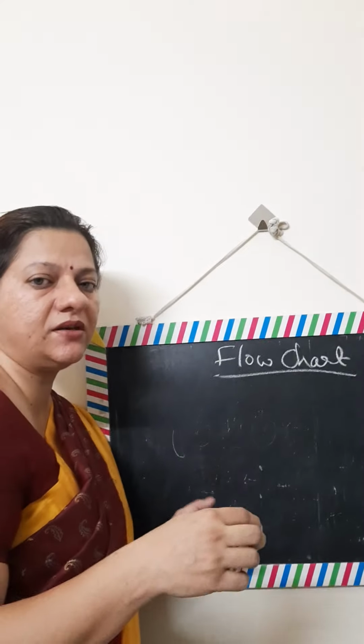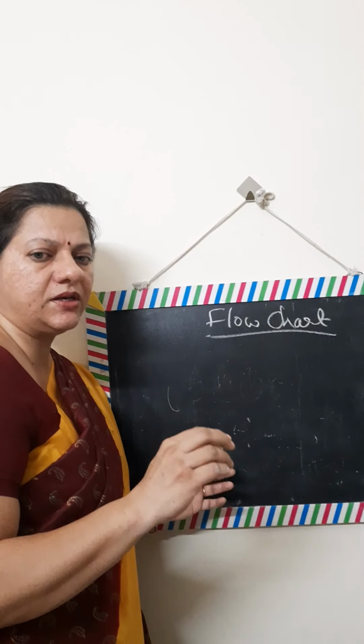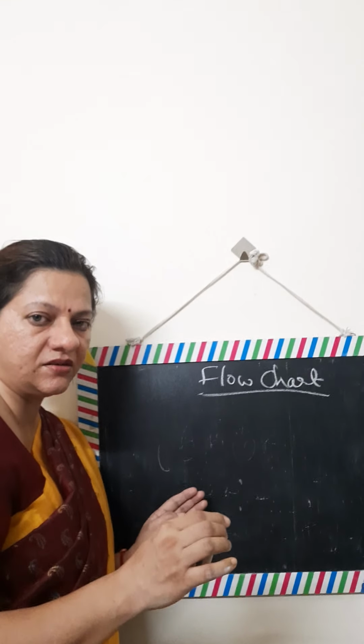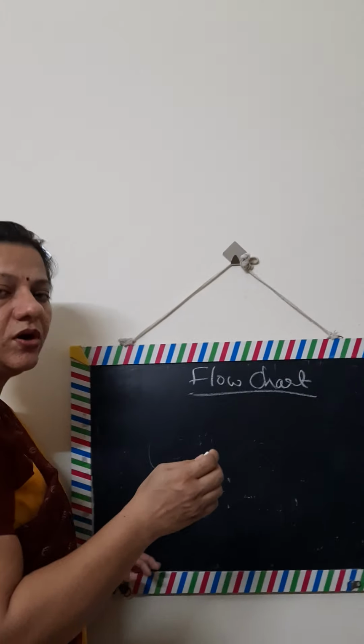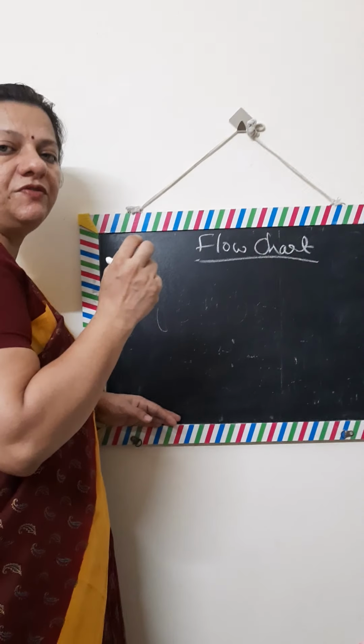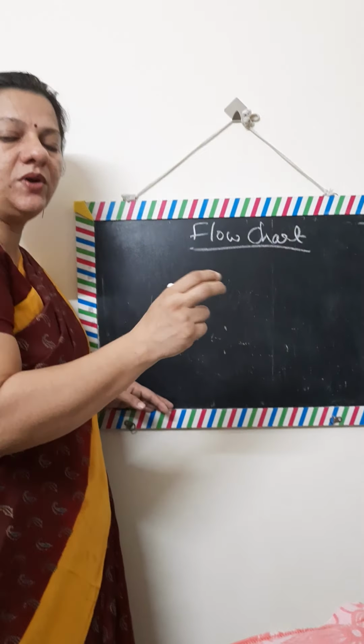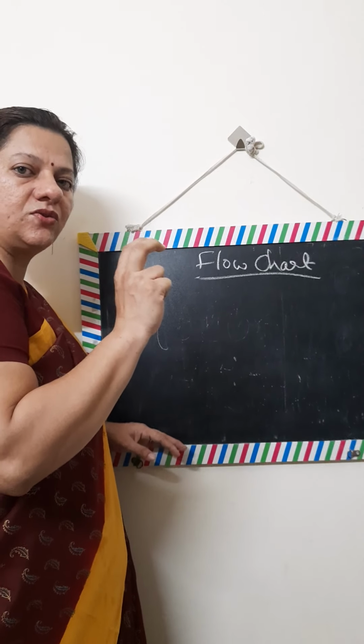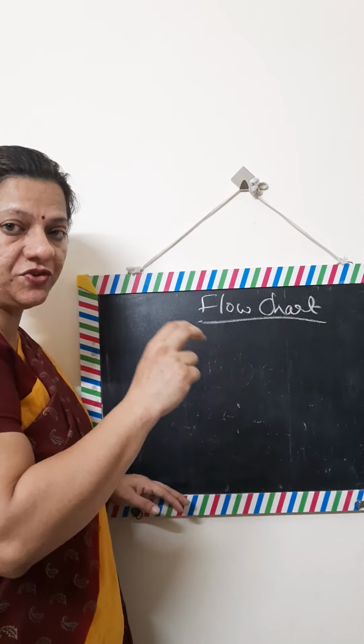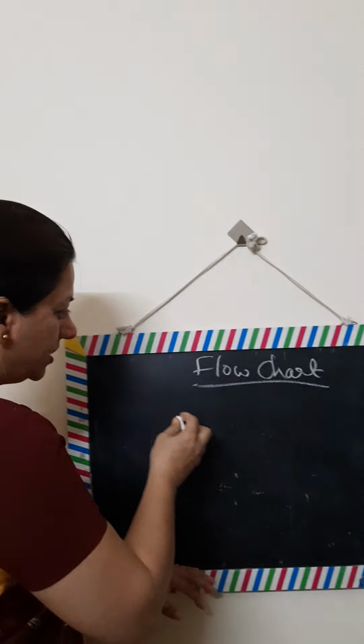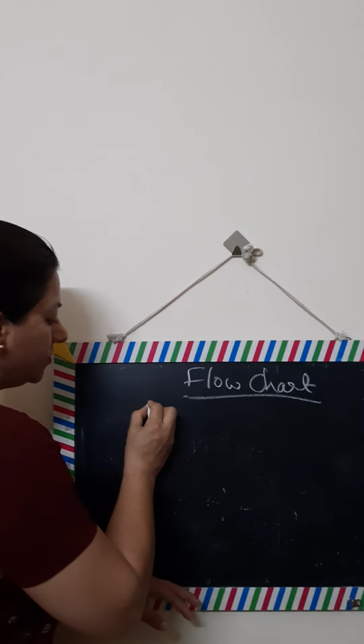I don't know why people think flowchart is a big deal, but it's really easy. There are very few geometrical figures in it which indicate one or the other instruction which you are going to give in a program. So let me just start it for you.